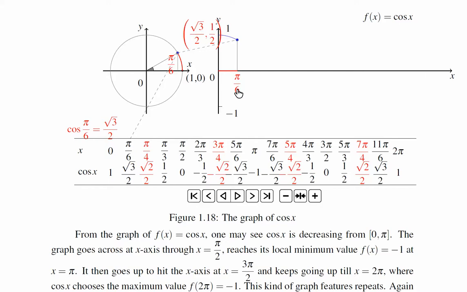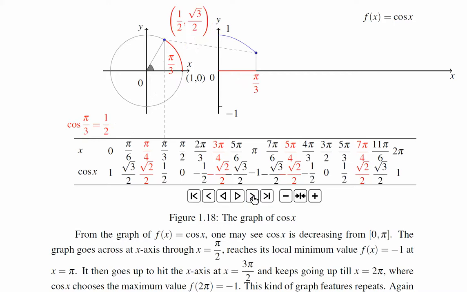Pi over 6 times 2 is pi over 3. Now you go one more frame, then you see that will be pi over 2. Pi over 2 is 3 times as much as pi over 6. You know, pi over 6 times 3 is pi over 2.